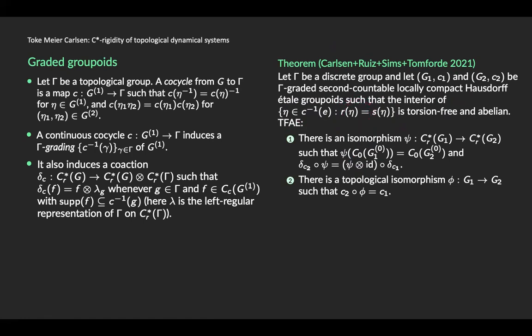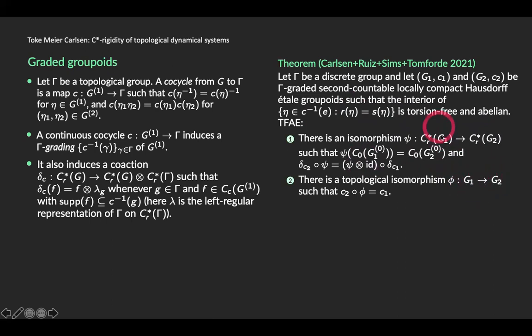Well, at least you need some condition, because if you take as your groupoid just the group, the cyclic group with 4 elements as one groupoid, and the other groupoid is the product of the cyclic group with 2 elements with itself, then you have 2 finite groups with 4 elements, and their C*-algebras are isomorphic in a diagonal preserving way, but the groups, and therefore the groupoids, are not isomorphic.